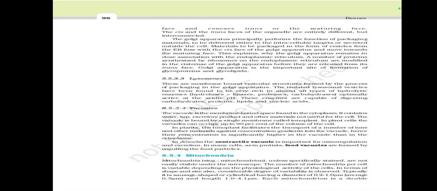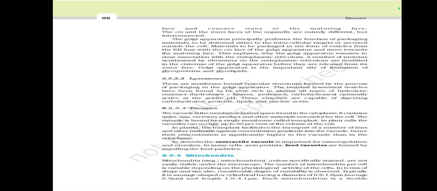Vacuoles. The vacuole is the membrane bound space found in the cytoplasm. It contains water, sap, excretory products and other materials not useful for the cell. In plants, the tonoplast facilitates the transport of a number of ions and other materials against concentration gradients into the vacuole.